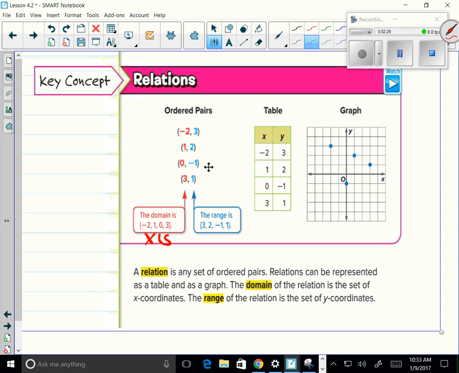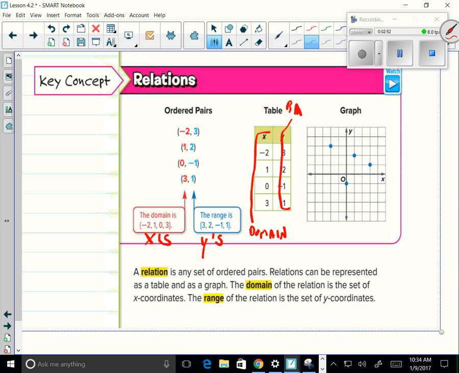And your range, these are all of your y's. Now if you have a table, all of these x's here are your domain. You can write this in. And then all of your y values over here are going to be your range.